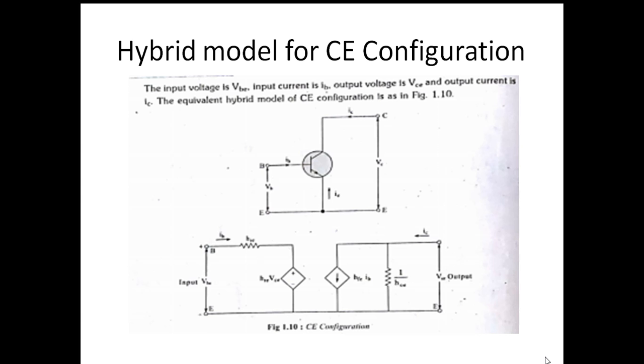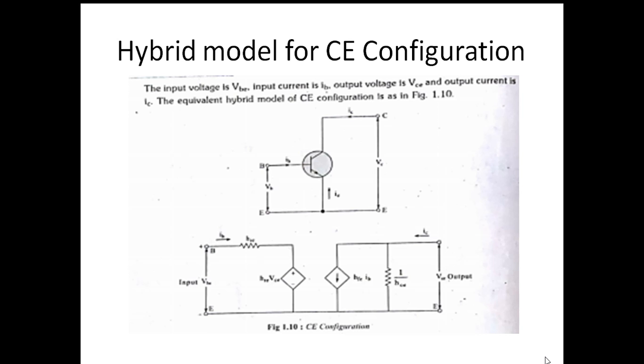As in the previous video lesson, we have discussed the definitions of hybrid parameters H11, H12, H21, H22, and also the common base amplifier hybrid model. Now in this video lesson, we are going to discuss the hybrid model for CE configuration.